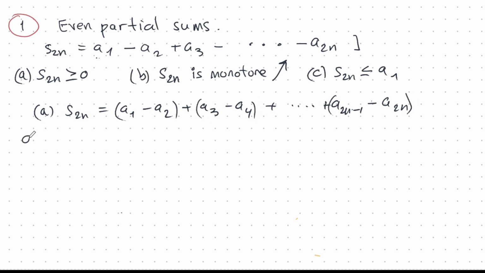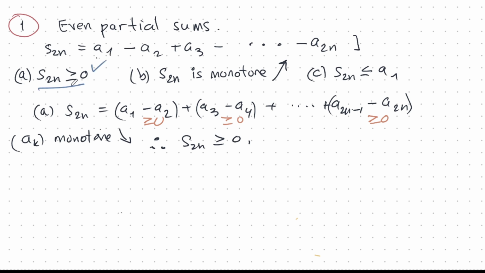And because a_k is monotone decreasing, this is greater than or equal to 0. This is greater than or equal to 0. And this is greater than or equal to 0. Very nice. And therefore, S_2n is greater than or equal to 0.